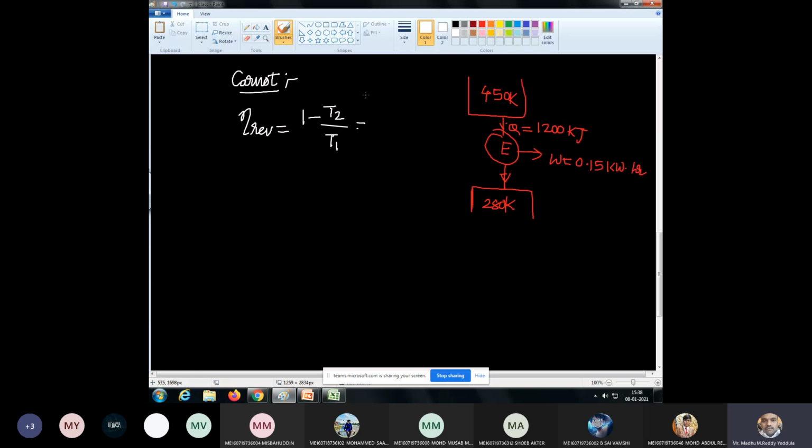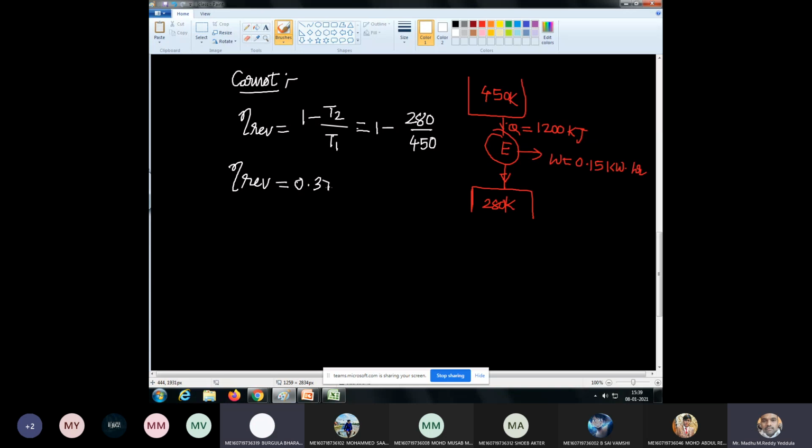Let me change the connection. Can anyone operate? T2 is how much? 280. So 1 minus 280 by 450. Please operate the calculator and tell me how much it will be. 450 minus 280 by 450. 0.377, sir.